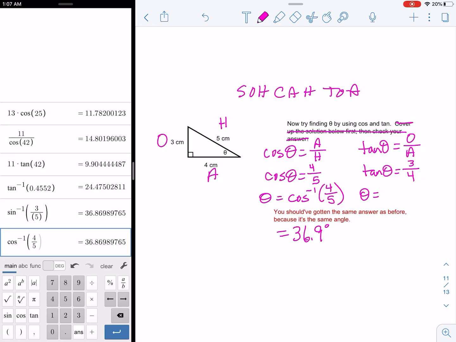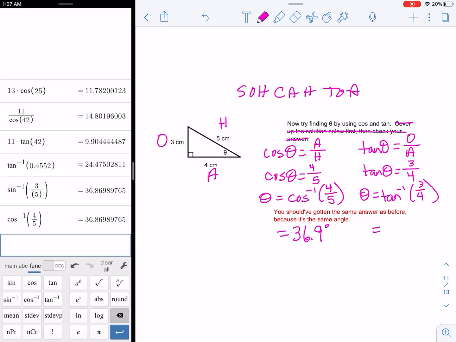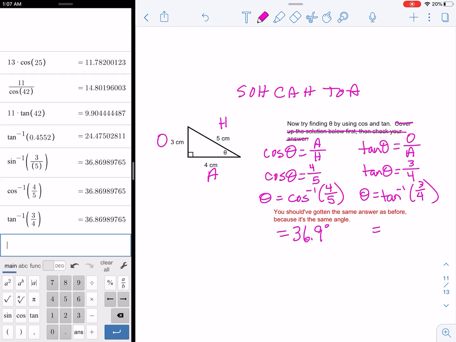So theta would equal tan inverse of 3 over 4. We're going to do second function, tan inverse, and then 3 divided by 4, and that equals, again, 36.9 degrees approximately.